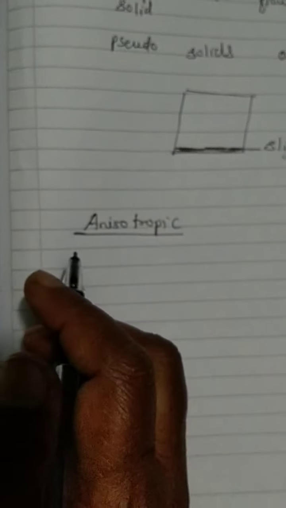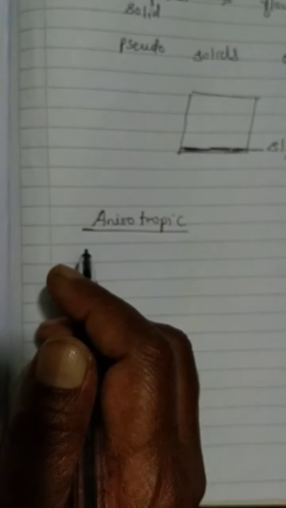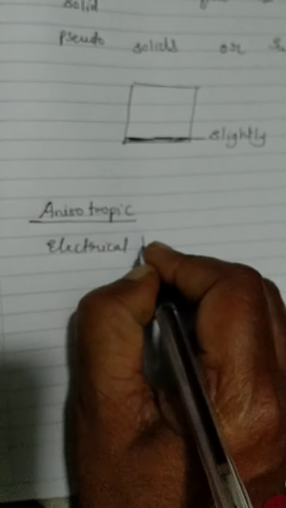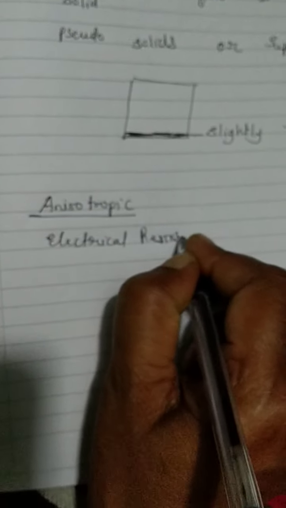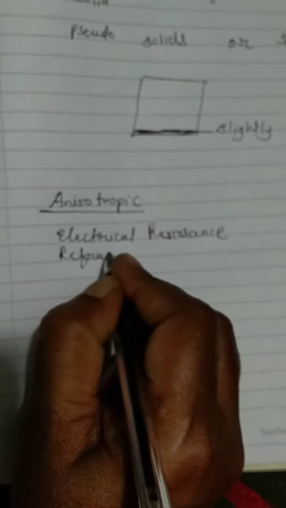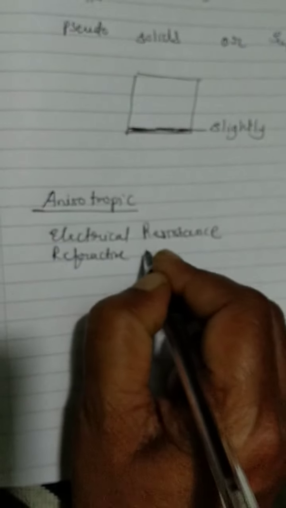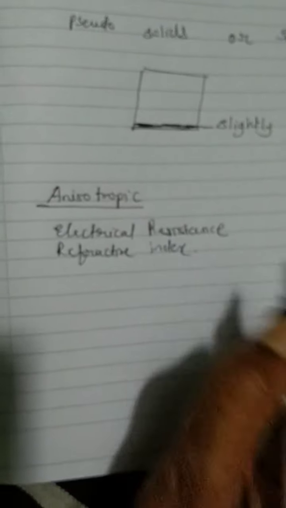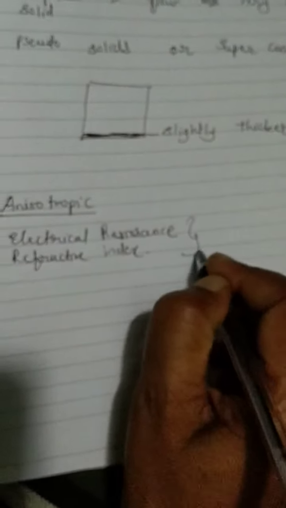Anisotropic in nature means some of the physical properties, like electrical resistance, this is one of the properties, or refractive index, show different values.